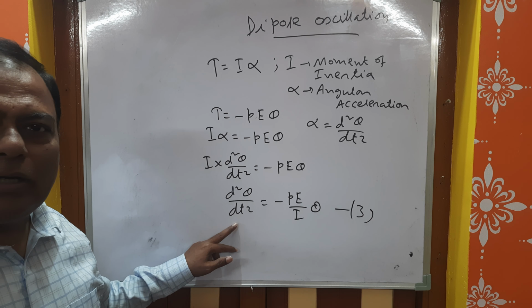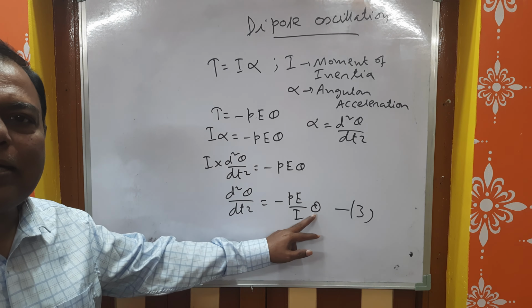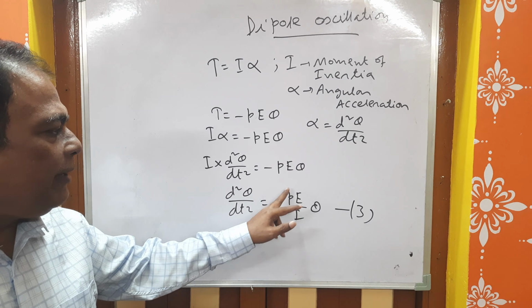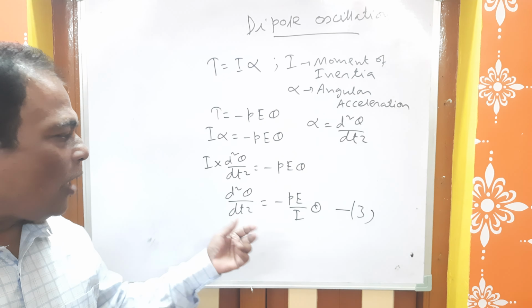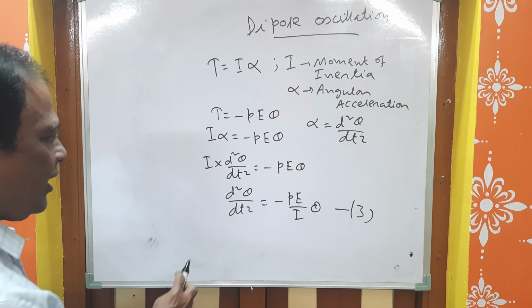What have you learned? d2 theta by dt2 is the angular acceleration, theta is the angular displacement, P E by I is a constant.